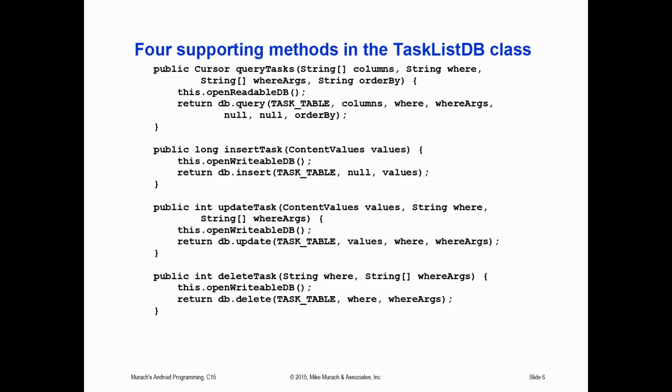These supporting methods provide basic query, insert, update, and delete operations for the task table. They open connections to the database, but they don't close them because the database connections are closed automatically when the process that hosts the content provider is destroyed.